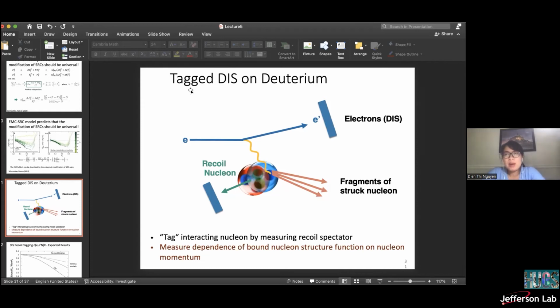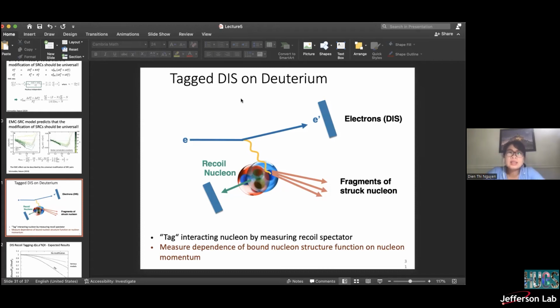For the EMC effect, that is inclusive DIS, right? In inclusive measurements, we only detect the scattered electron and take the cross section ratio in order to extract the EMC effect. So we have very little information about which nucleon was struck.